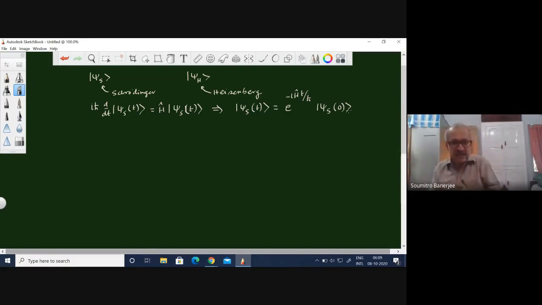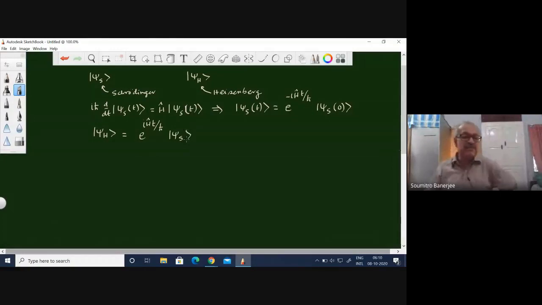Now Heisenberg said that I want my state to stay put. And so the Heisenberg wave function is defined as just the opposite of this, e to the power plus i H operator t by h cross, times psi Schrodinger.